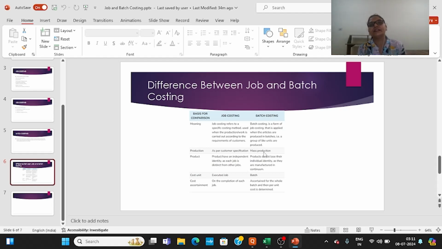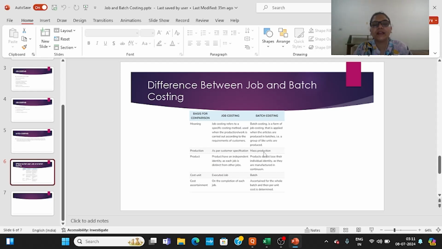As we have already discussed, job costing is basically carried out whenever there is a specific order; otherwise, no production is carried out for stocking a product. Batch costing is a form of job costing that is applied when articles are produced in batches, that is, groups of like units are produced. Job costing is production as per customer specification, and batch costing is mass production.